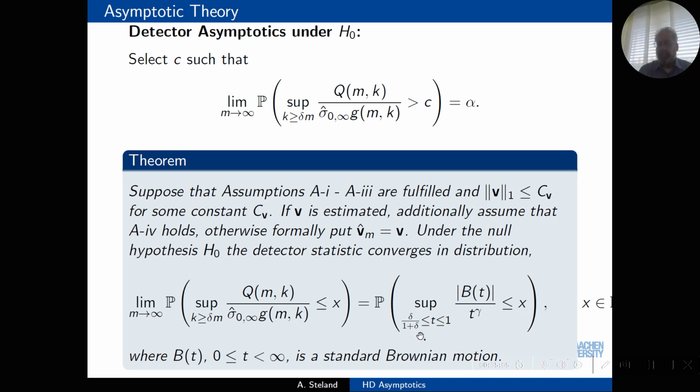For the case delta equal to 0, this distribution is well known from the literature, and there are no explicit formulas for this limiting distribution, but you can simulate the quantiles and use them as critical values. So for delta small, one certainly can rely on these tables, and for delta larger, one can easily simulate this distribution to get concrete values for the c.